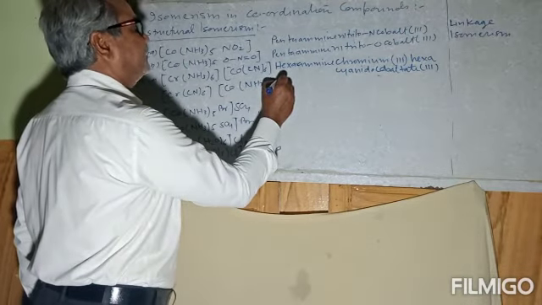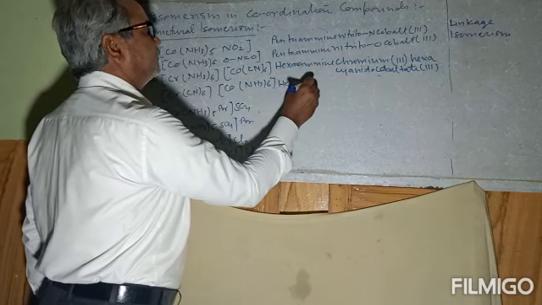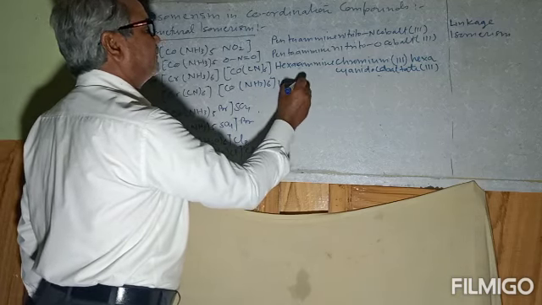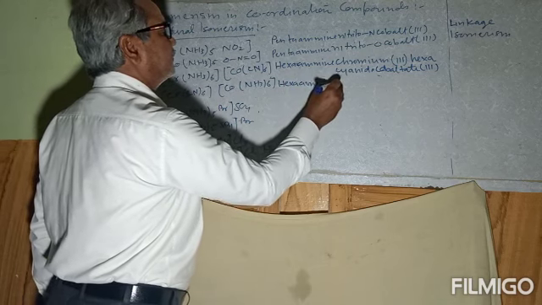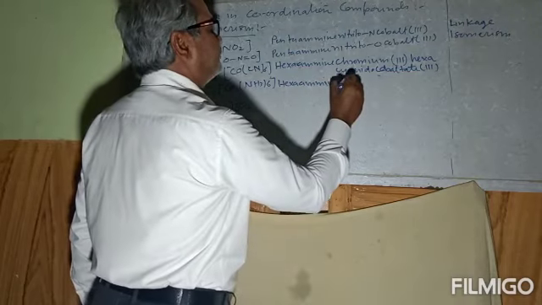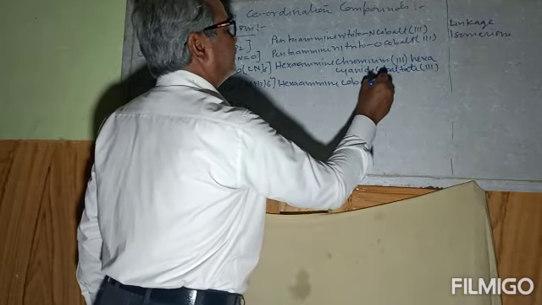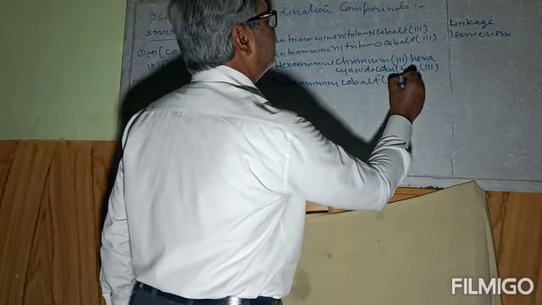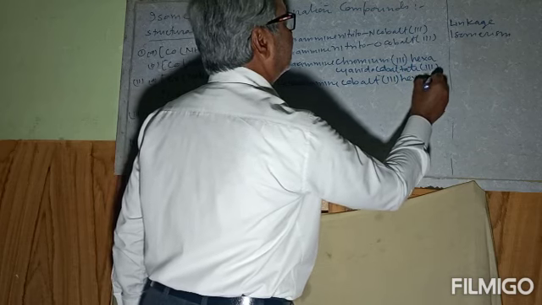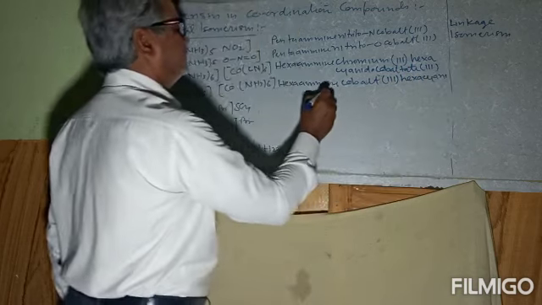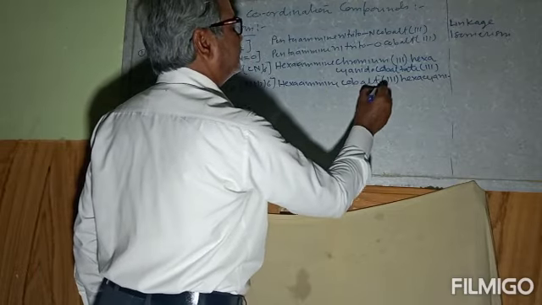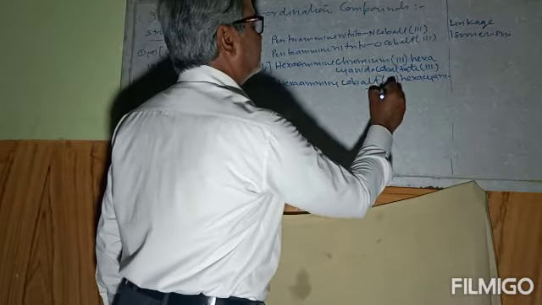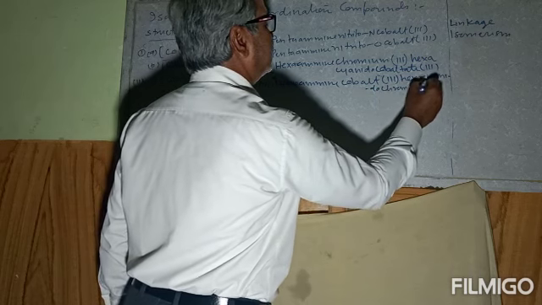So hexaamine cobalt(III), the cationic part, and now the anionic part, hexacyanido chromate. Chromate(III).